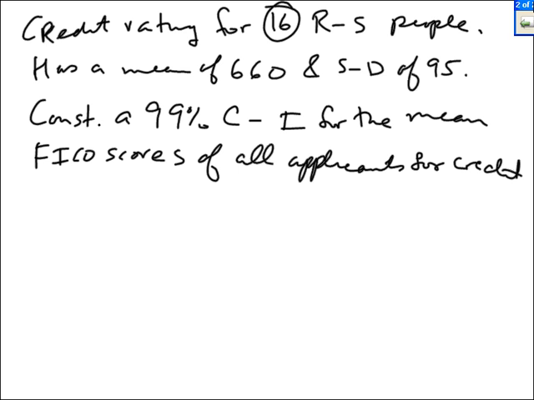So these 16 people applied for some credit, and they were randomly selected credit applicants. They had a mean FICO score of 660, and the standard deviation was 95. Now we want to construct the confidence interval for the mean FICO score for all applicants in the entire population.